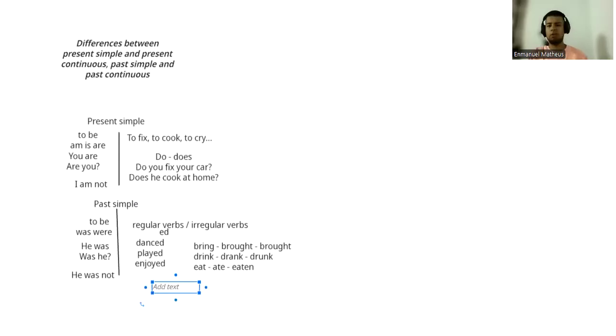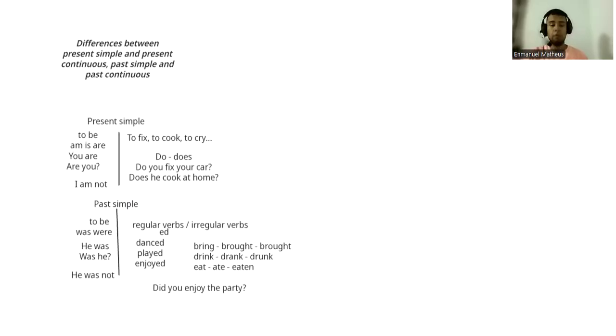It's not too different, to be honest, but for present continuous and past continuous, I'd like to add them here because it's similar to the verb to be. Let's ignore this part and focus on the verb to be.